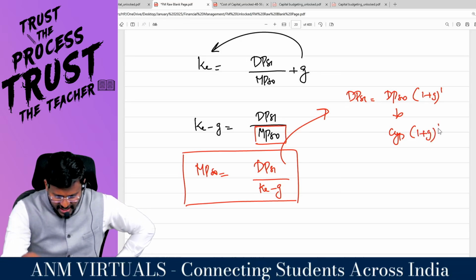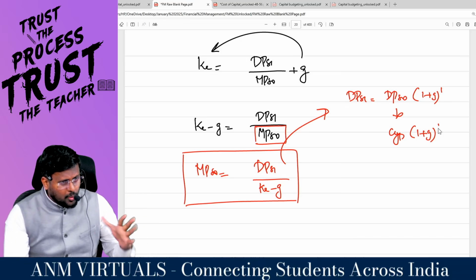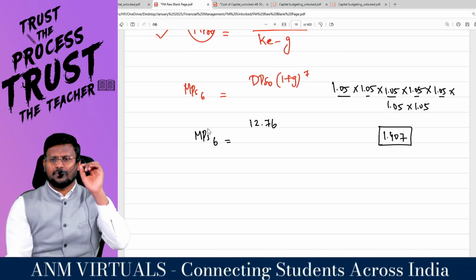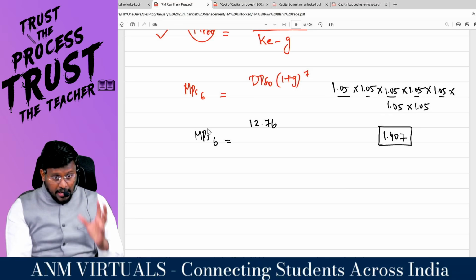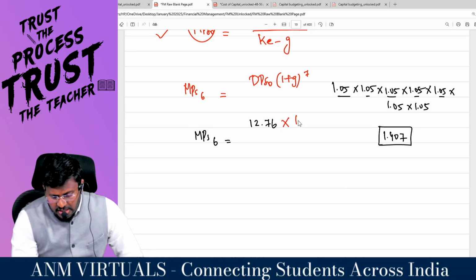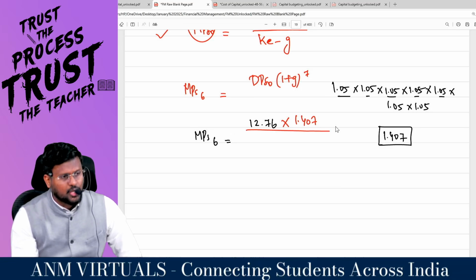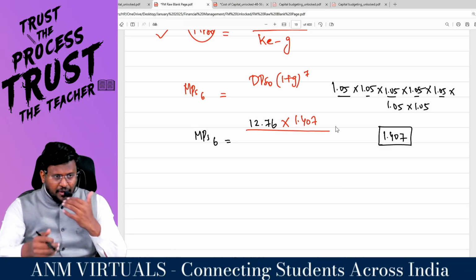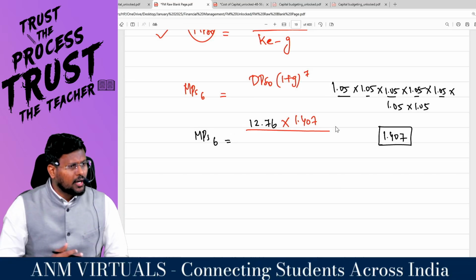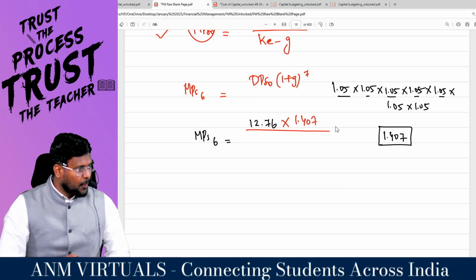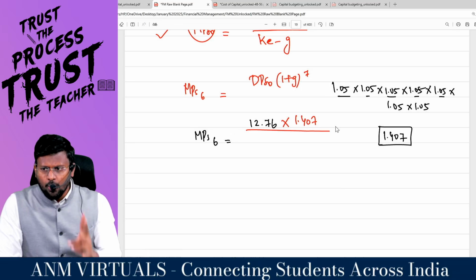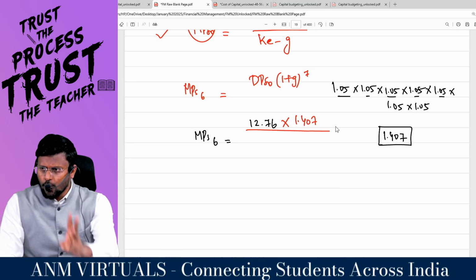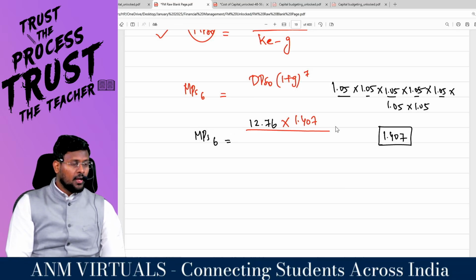If the same logic is applied, I don't want the current year market price. I want the market price at the end of the 6th year. Then 12.76 into 1.407, because every year it will grow by 5%. So 1.05 seven times.